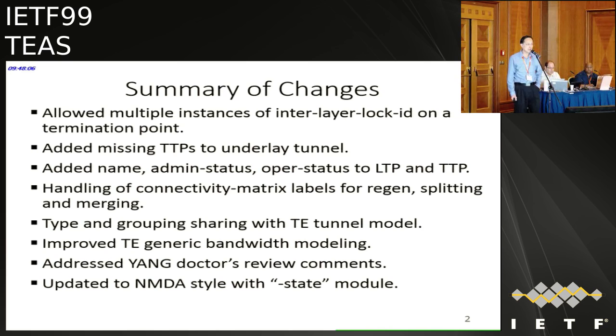So here are the items we have changed since the last IETF session. We now allow multiple instances of interlayer lock IDs. This is for the multi-layer topology cases. And we added missing TTPs for underlay tunnels to improve usability. We added some additional attributes to the link termination point and tunnel termination point.